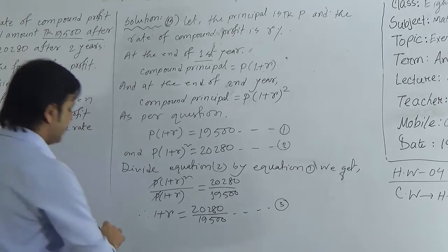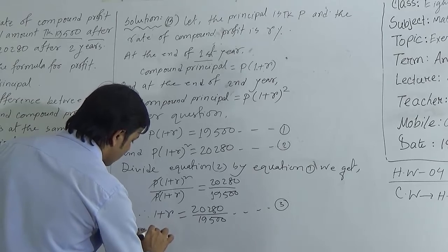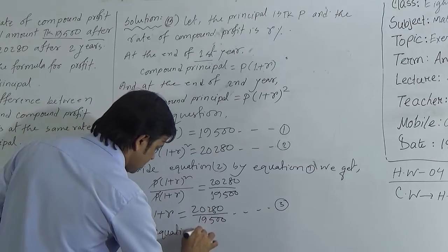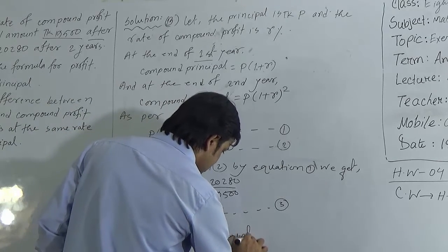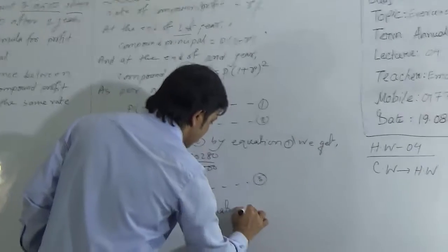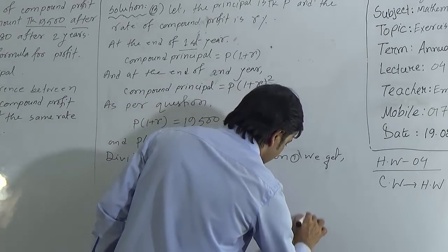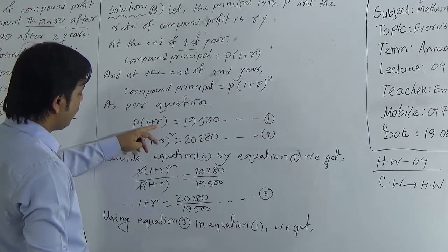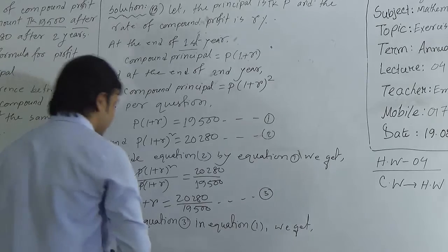So we can write here, using equation 3 in equation 1, we get, what will we get here? In place of 1 plus R, we can write 20,280 divided by 19,500.